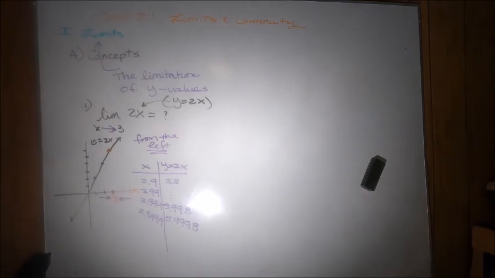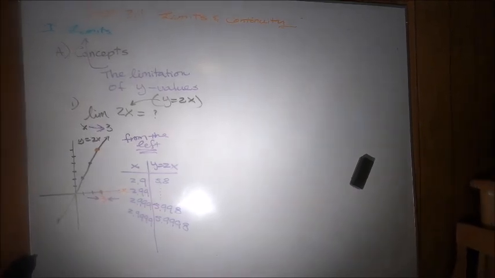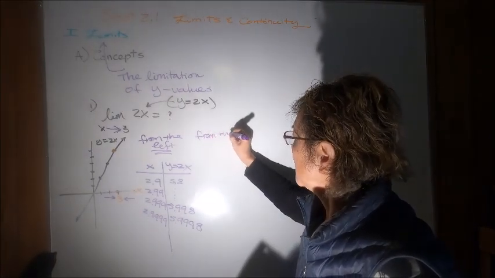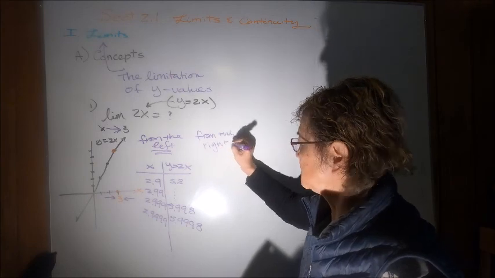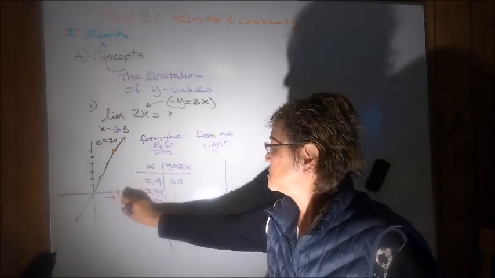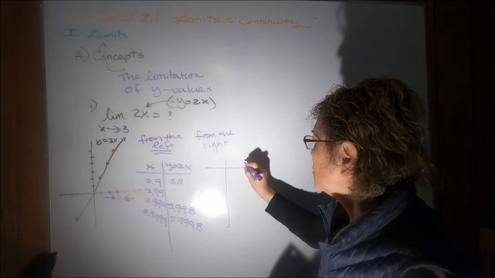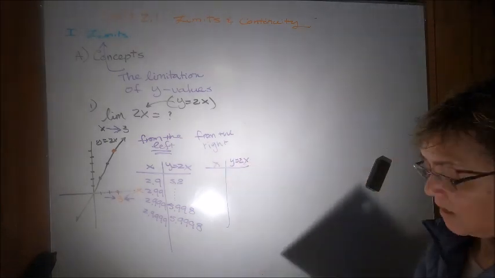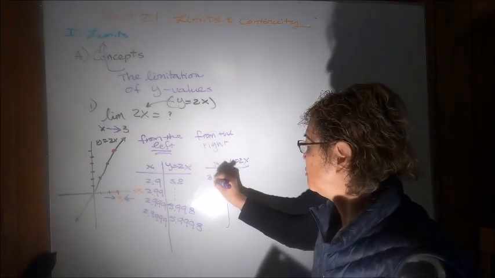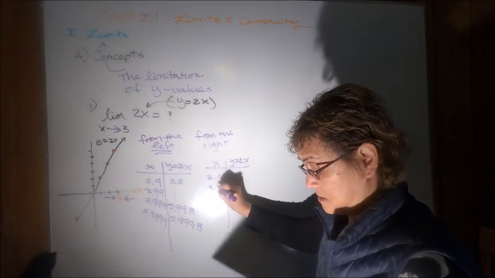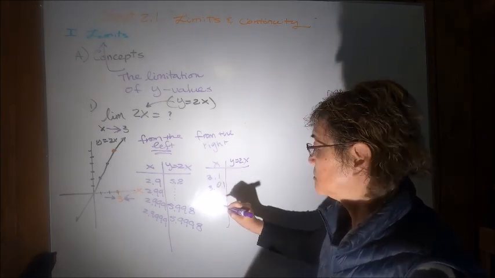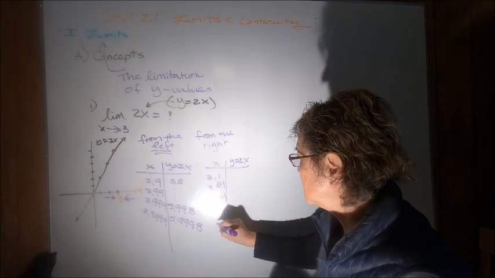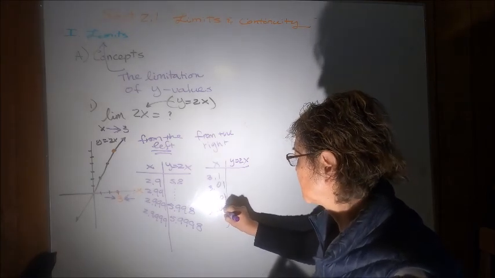What happens if it's from the right? If you are from the right side of 3, that means x is going this way, right? So what kind of number would that be? It can be 3.1, 3.01, right? Getting closer to the 3 from that side. Can be 3.001, and so on, right?